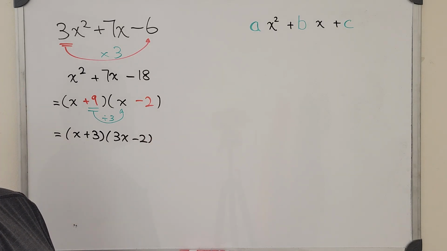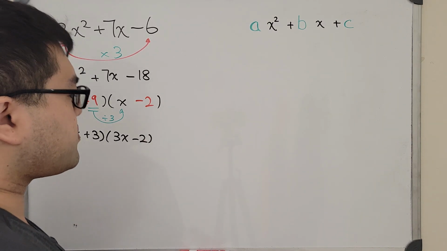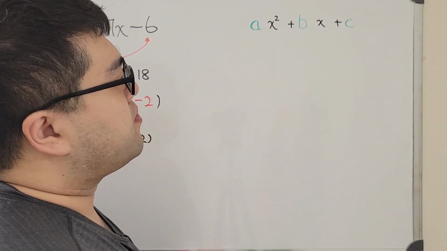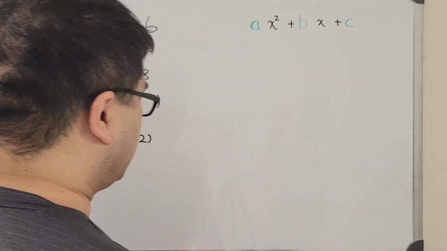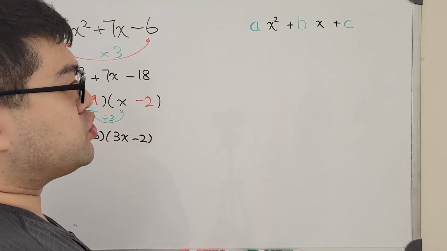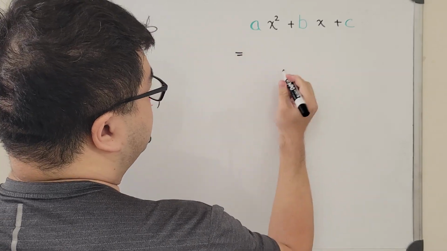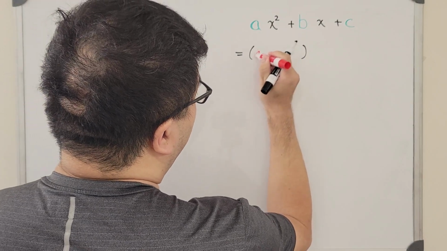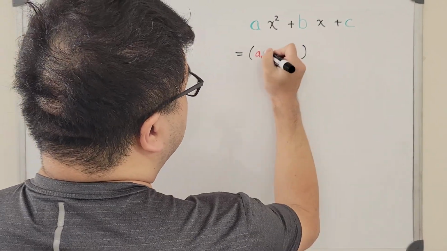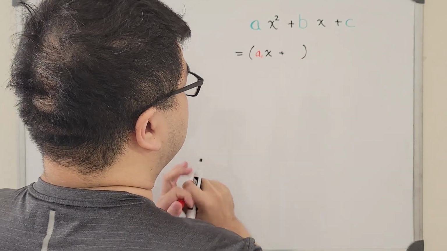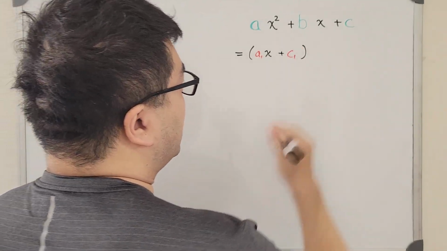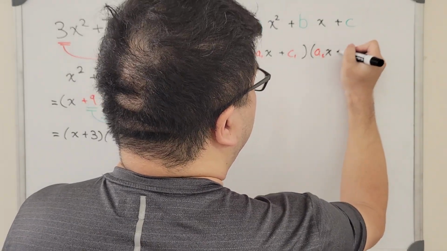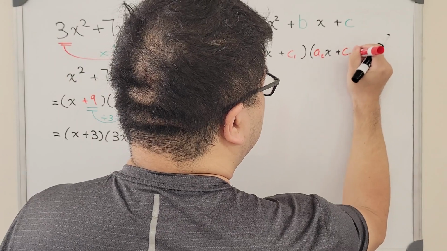But why are we allowed to do that? Here is the truth. If we consider a general expression, ax squared plus bx plus c, and we want to factor it into two linear factors, namely, we can just call it a1x plus c1 times a2x plus c2.